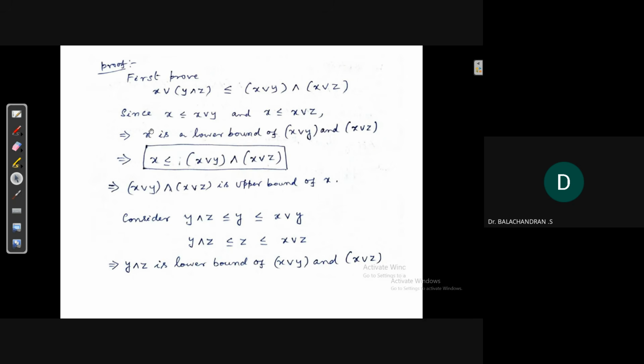Now, this left side x is a lower bound of the right side elements x ∨ y and x ∨ z.